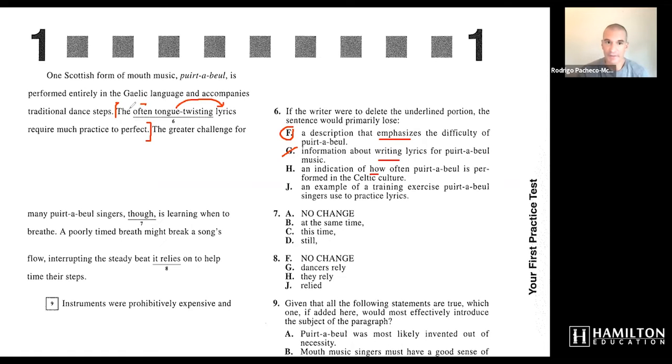It does have this term here, the often tongue twisting, but that's used to suggest that this is typically very difficult, right? So that is unrelated. We can eliminate H. And J tells us that we would lose an example. That's not really an example. We've already identified it as a modifier. J also mentions a training exercise, and again, we don't see this as an exercise. Perhaps tongue twisters can be used as a type of exercise, but that's not something that is suggested here. So we can also eliminate J.